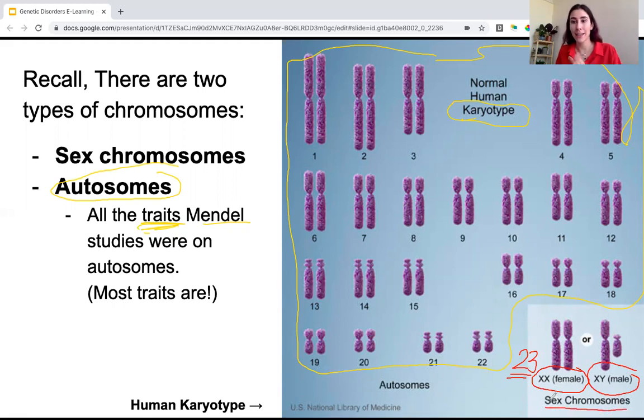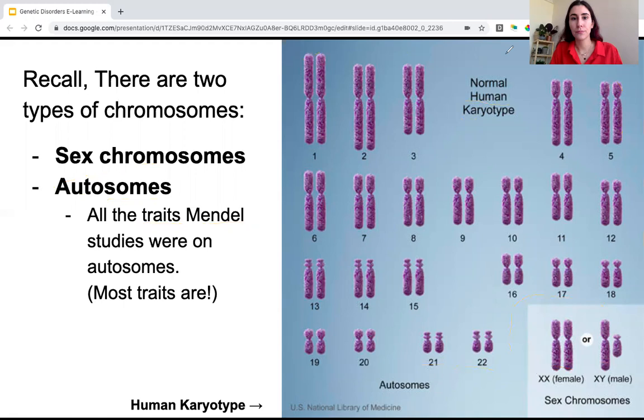Females have an XX, males have an XY, and you'll see that in males, the Y chromosome is a lot shorter than the X chromosome, which ends up resulting in a lot of the phenotypic variations that exist between males and females.